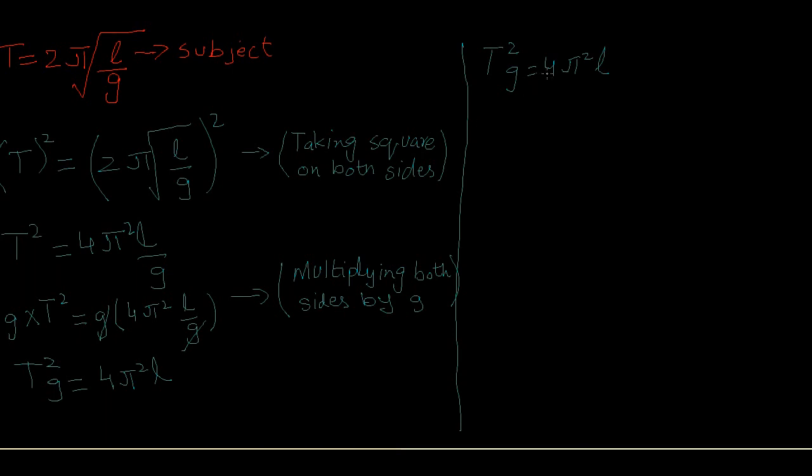Now if we want L to be alone on this side, we need to get rid of this 4 pi squared. So by the algebraic method, we divide both sides by 4 pi squared. T squared G divided by 4 pi squared equals 4 pi squared L divided by 4 pi squared.